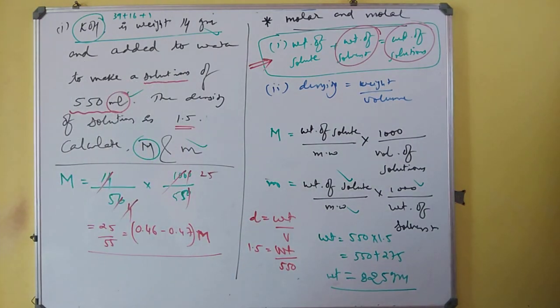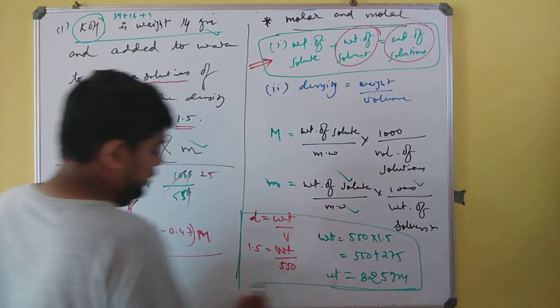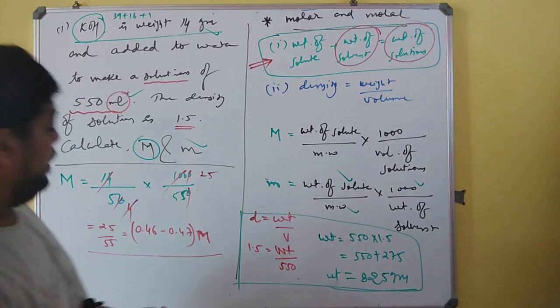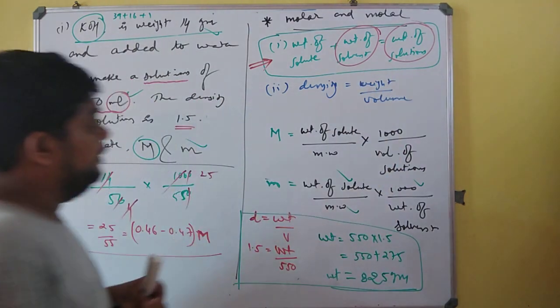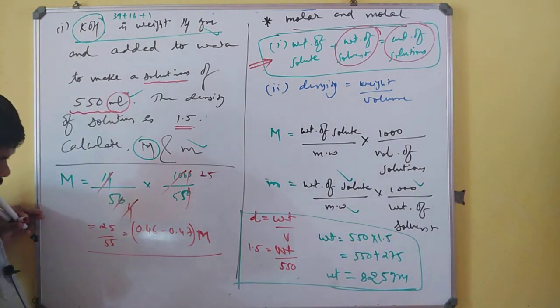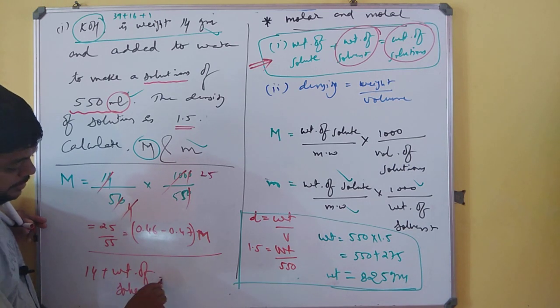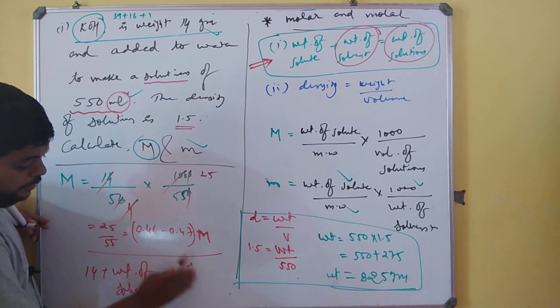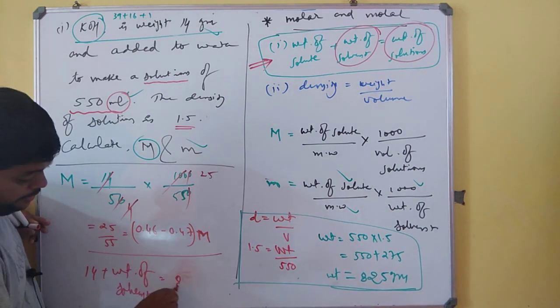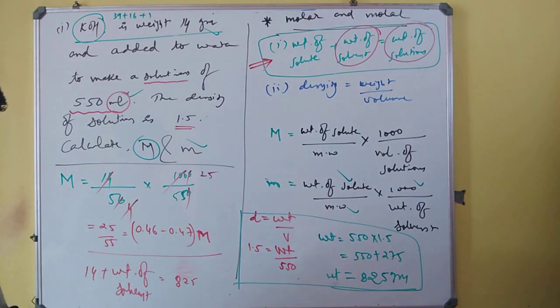So now remember friends, this 825 gram is the weight of solution. So I have the weight of solution to be 825, weight of solute to be 14. So 14 plus weight of solvent is equal to weight of solution, and weight of solution is now 825. So what I would do? I would subtract 14 from 825.